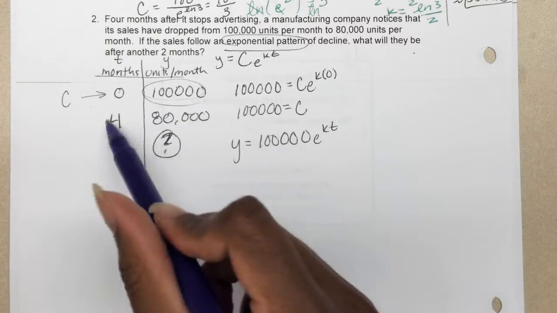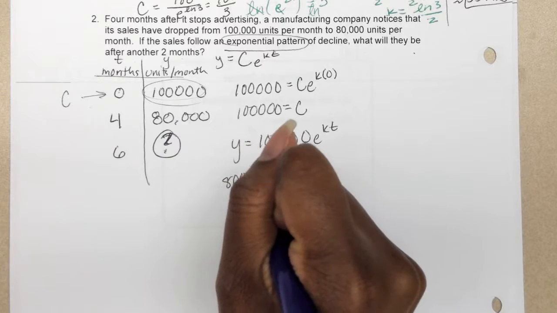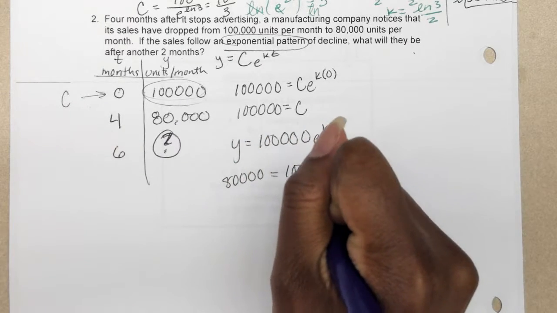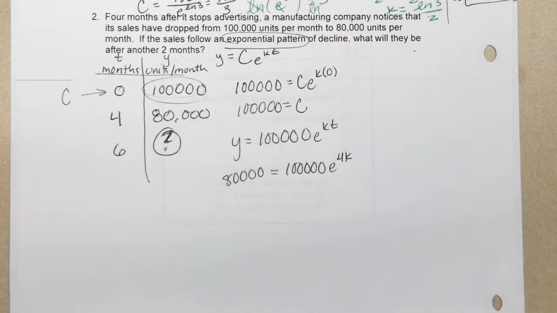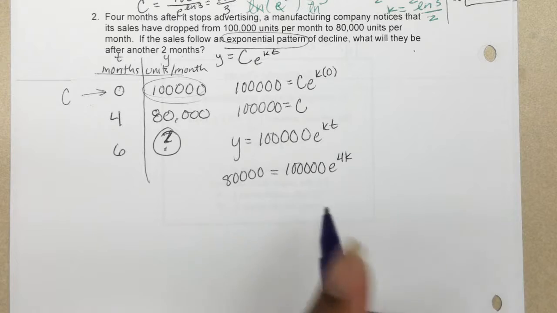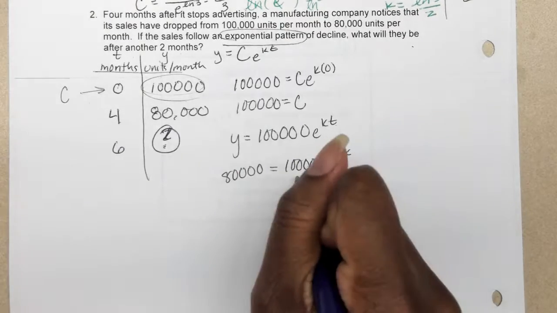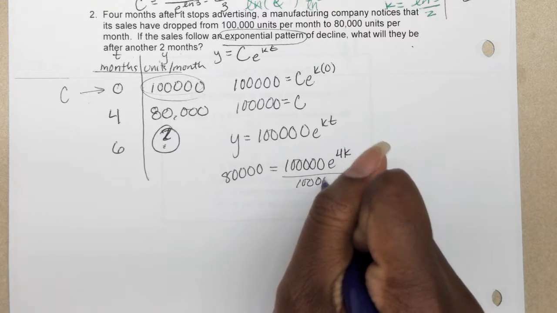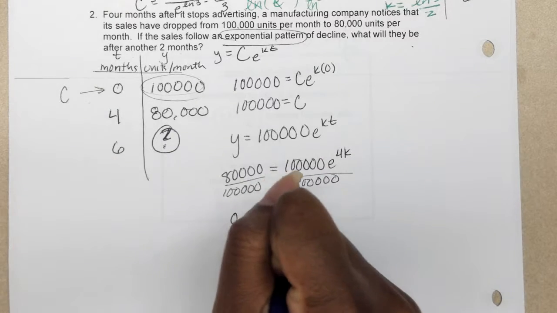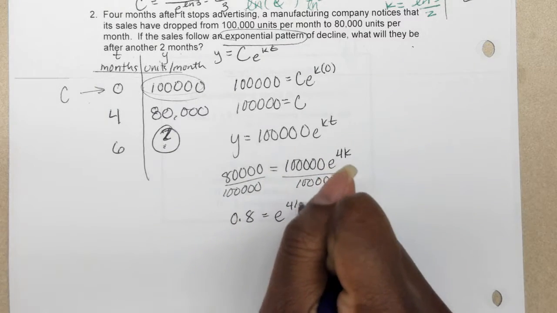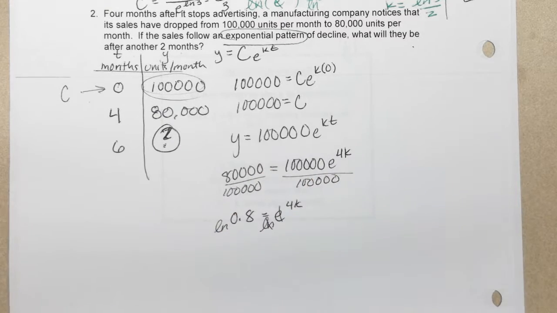Using our second piece of information, we can plug in 80,000 equals 100,000 e to the 4k, because it's 4 months. And then we're solving for k. If we divide by 100,000, we get 0.8 is equal to e to the 4k. We'll take the ln of both sides to cancel out the e.